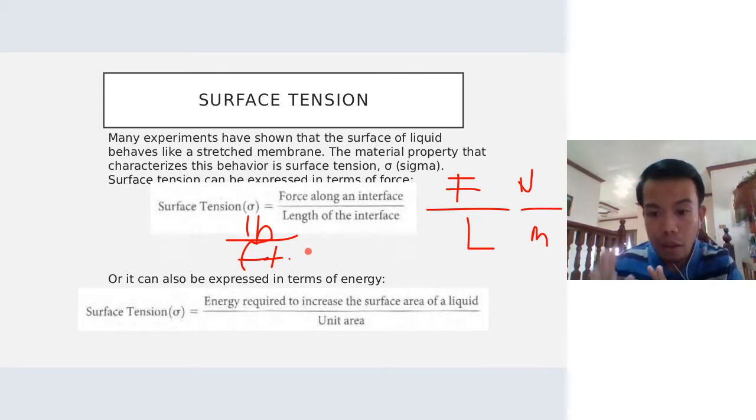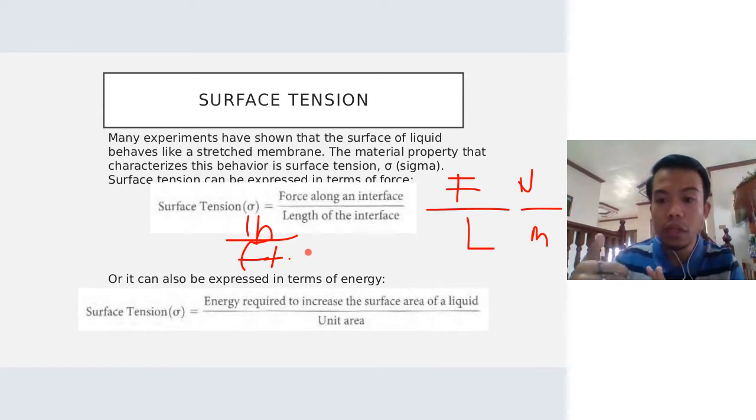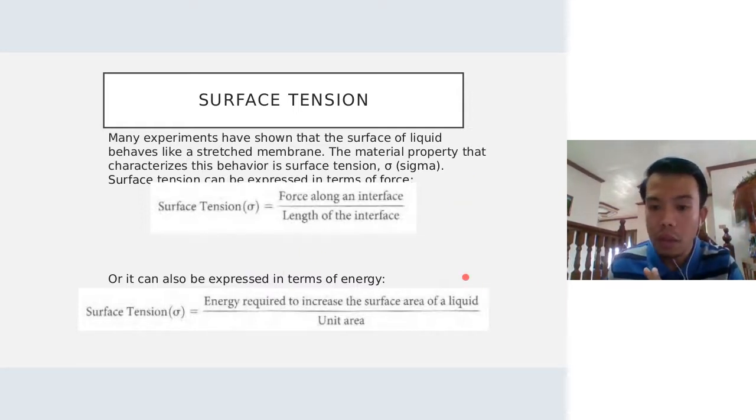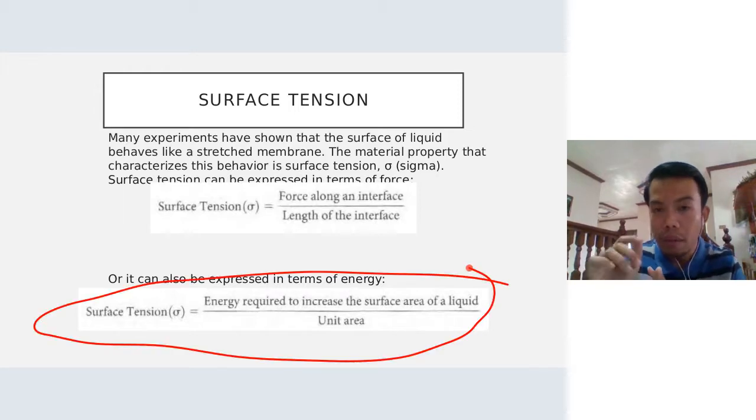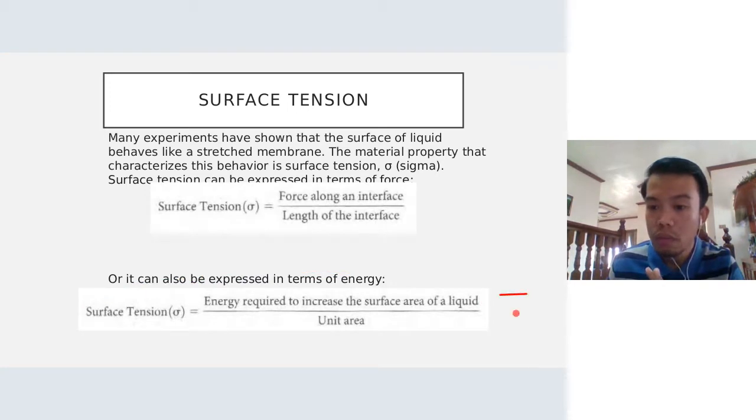Okay? Or it can also be expressed in terms of energy. So the equation will become energy required to increase the surface area of the liquid over unit area. So for example, joule over meter square.